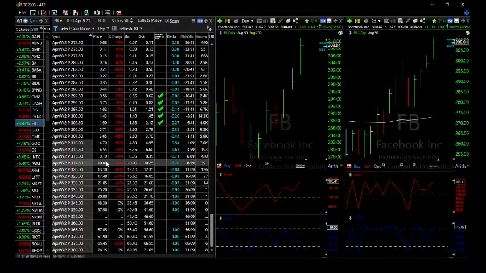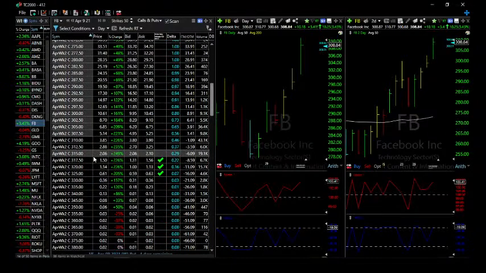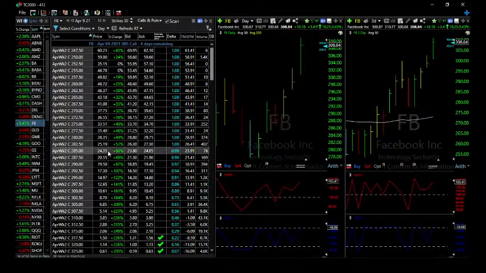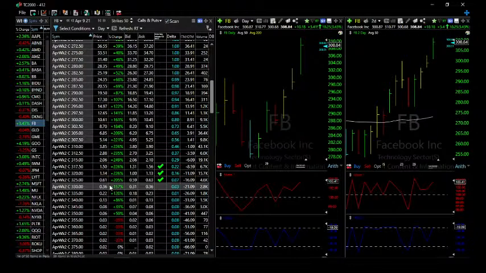So with options, you'll know what you're risking up front. That's the best thing about options. You're only risking whatever you trade. So the key to this game is to have some type of money management rules in place.